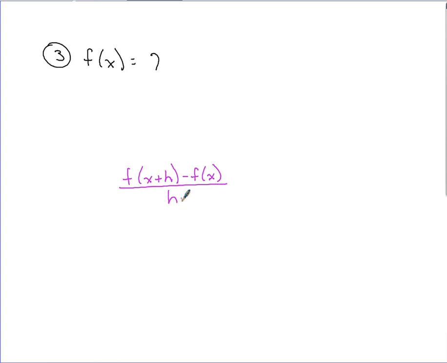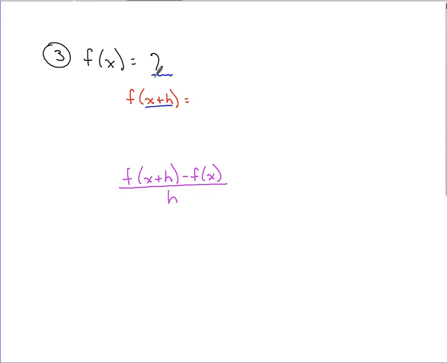So if you find f of x plus h first, think about what that means. You're taking x plus h, this variable expression, which represents a value I'm plugging into my function. I'm plugging that into my function for any x's that I see. You see any x's?